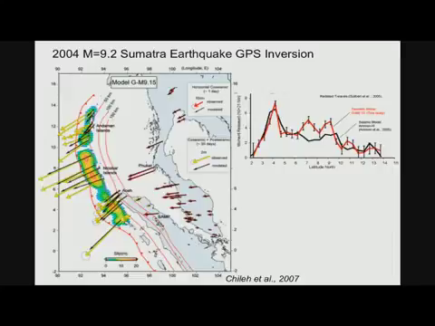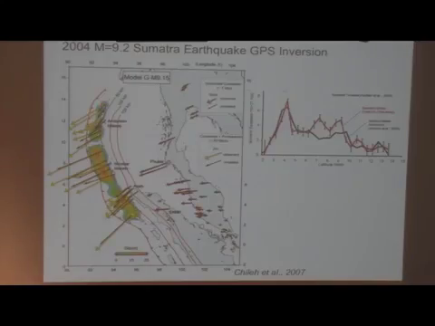But here I mostly wanted to mention that we can do this with two kinds of data, hopefully even integrating the two and getting an even better picture of slip, so that we can really determine slip along the plate interface and its distribution.